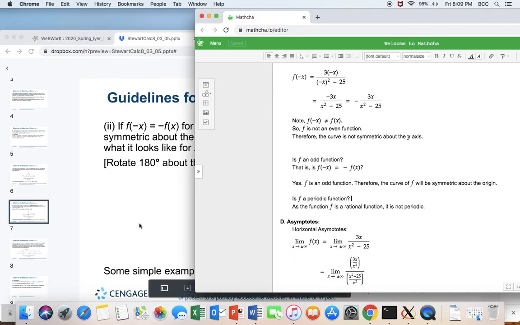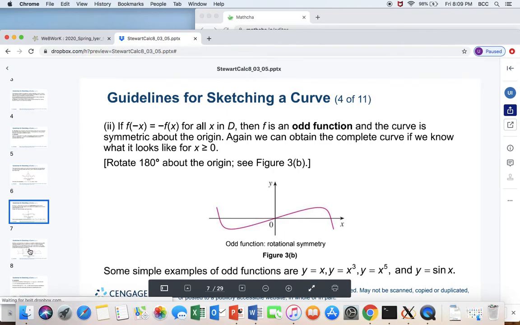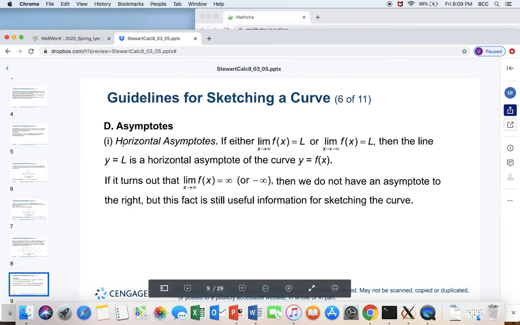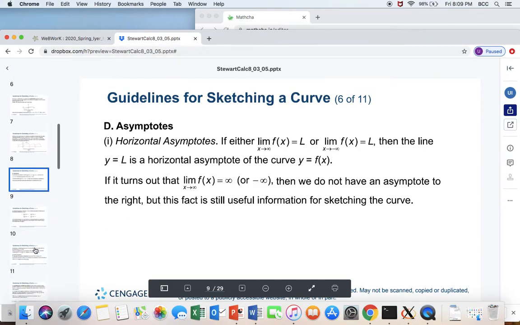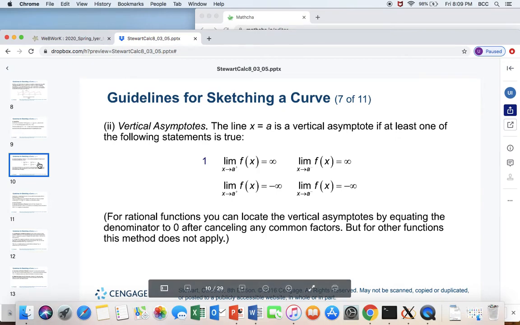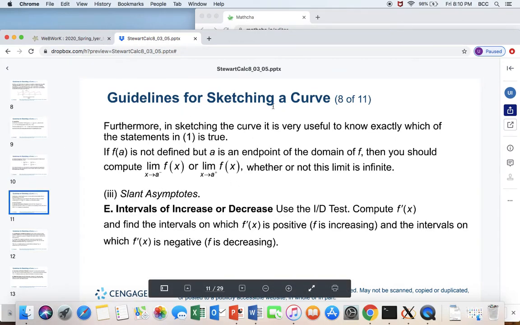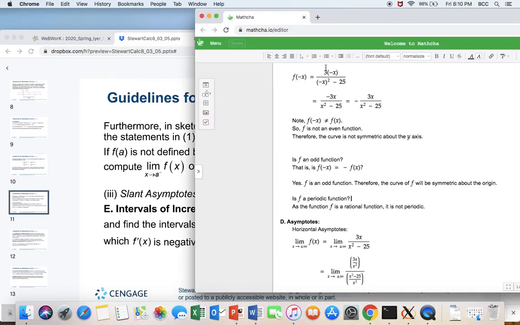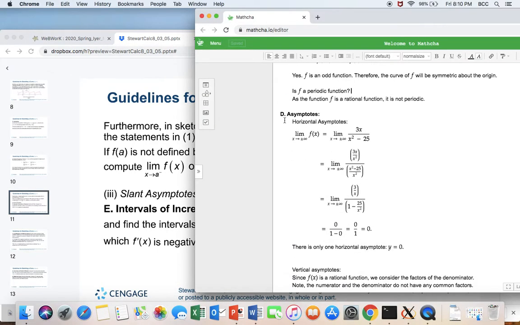So what's the next item after checking for symmetry? Asymptotes. Asymptotes come in three fashions. One is the horizontal asymptote, then you have the vertical asymptote, and then you have the possibility of a slant asymptote.